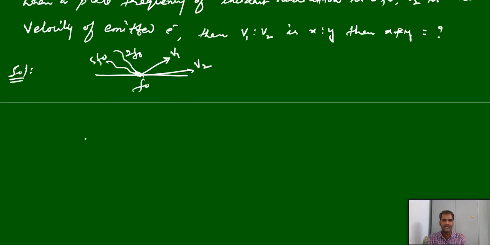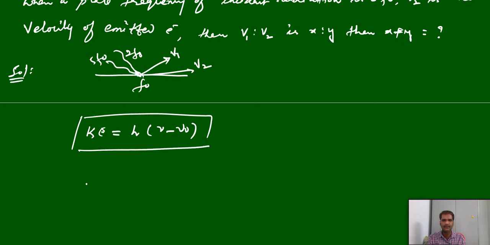Again, how to find out? Just like the previous one, the kinetic energy is equal to h(nu minus nu0) from this formula. Kinetic energy means half m v squared. For the first electron, half m v1 squared is equal to h times, in the initial case, the incident frequency 2 f naught minus the threshold frequency f naught.